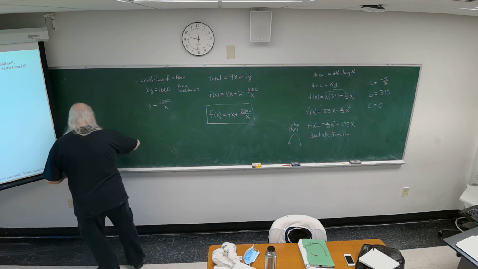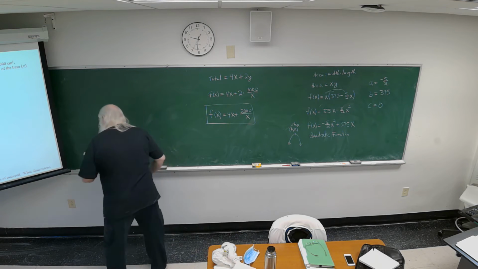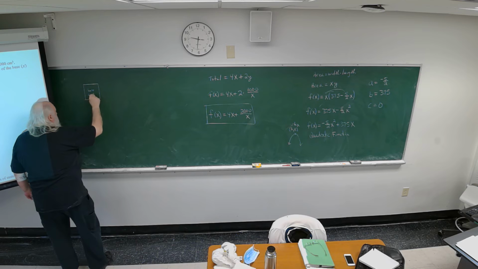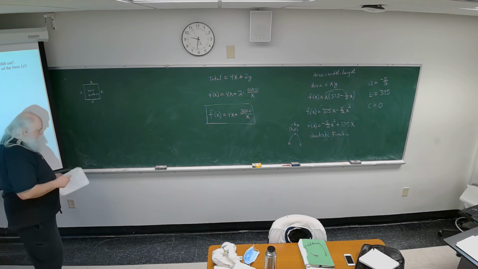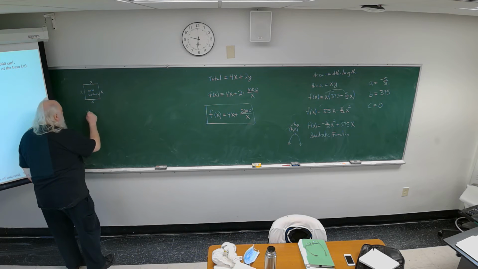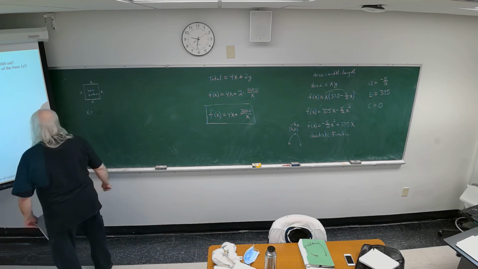So again, let's draw a good picture. We're told that the base or the bottom of the box is square. So the length of the 4 sides of the bottom of the box, right, is x. Actually, in the word problem, they call it the length, right? Length x.